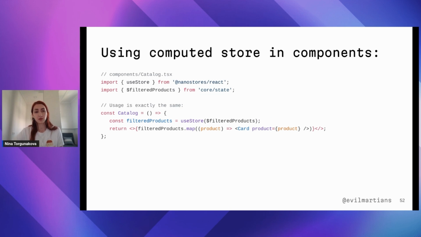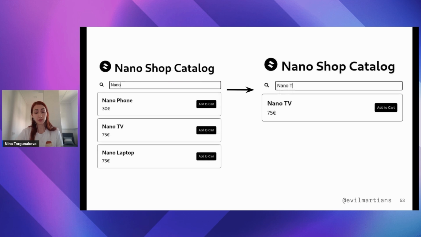And finally, we just need to use this computed store in our component. We will import it exactly the same way. And we will map the list of values in the store. And here we are done. When the user is typing something in the field, the list of the products is filtered automatically.